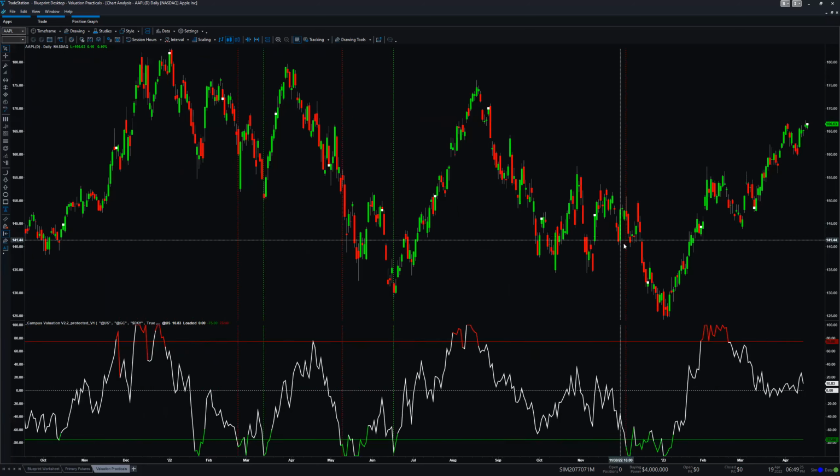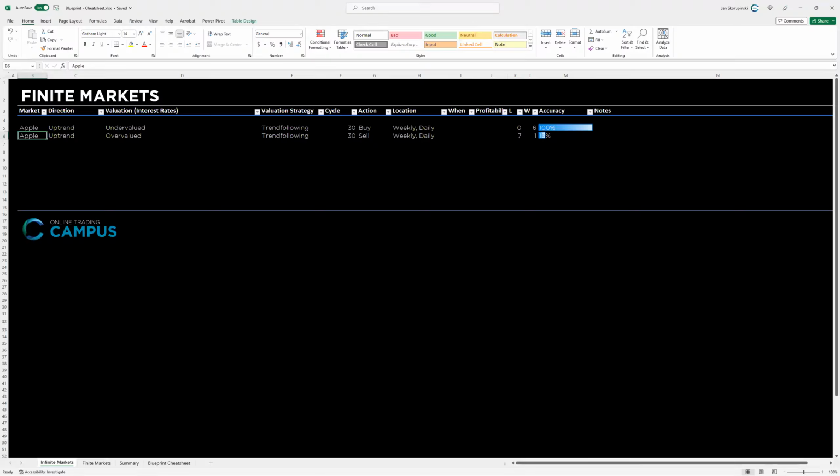So within a downtrend, and there are very rare times that we can find a downtrend, and this is all the trend following because I'm on the 30-day cycle.